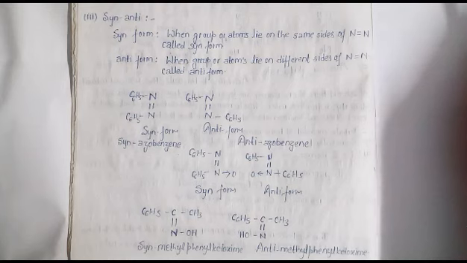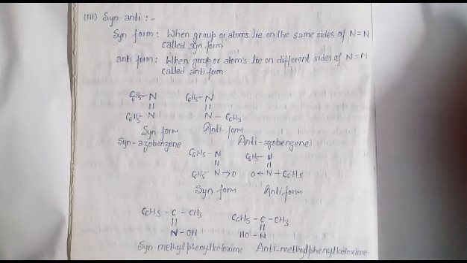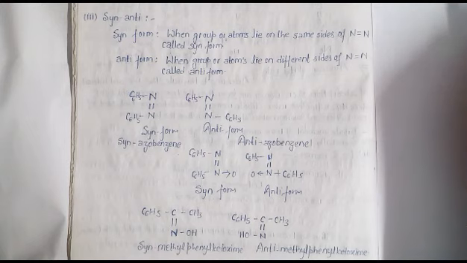In the last uploaded video, I discussed cis-trans isomerism that arises around the doubly bonded carbon atom, where like groups lie on the same side, that is called cis isomers, and if like groups lie on the opposite side, that is called trans isomers.